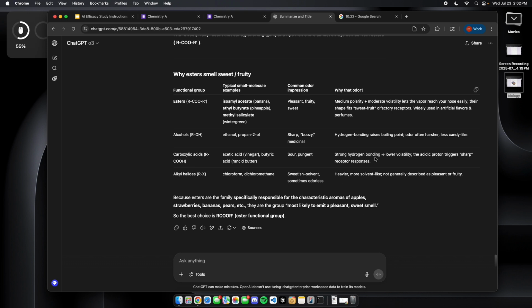Okay, so now we know that RCOO is the sweet one. Alcohol is ROH. Carboxylic acids are COOH. So that's like the opposite if there's the H after the COO. RX is odorless. Okay.